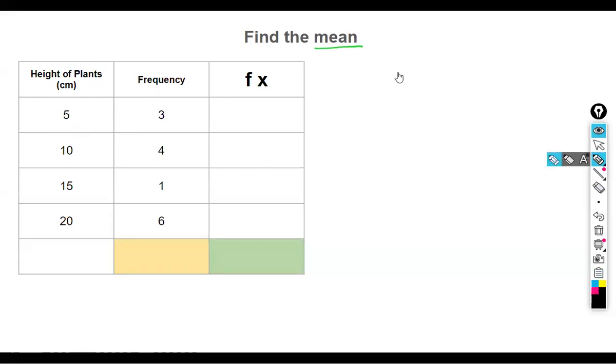It's not like all the information is a big long string of numbers like 5, 8, 7, 22. Sometimes they ask you to find the mean, which is a type of average, but they give you a real nice, neat table. When they give you a table to find the mean, it's a slightly different procedure. So draw the table exactly how I have it.